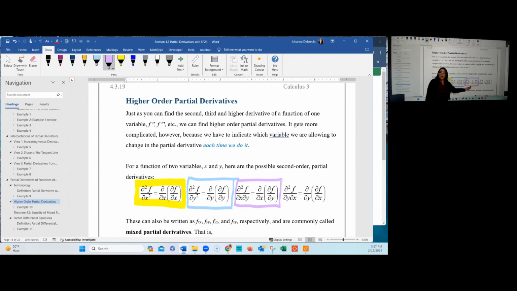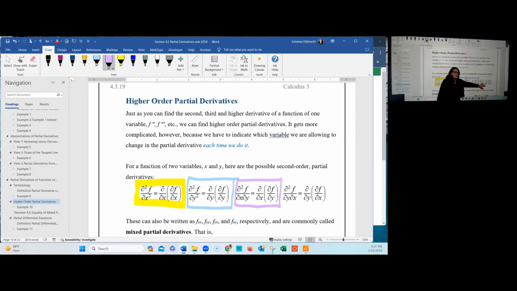It's read from right to left because it represents the second notation you see here, the partial with respect to x of the first partial with respect to y. The partial that occurs second is actually done first in Leibniz's notation.